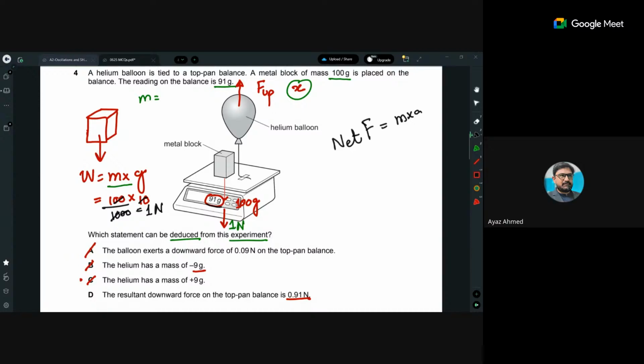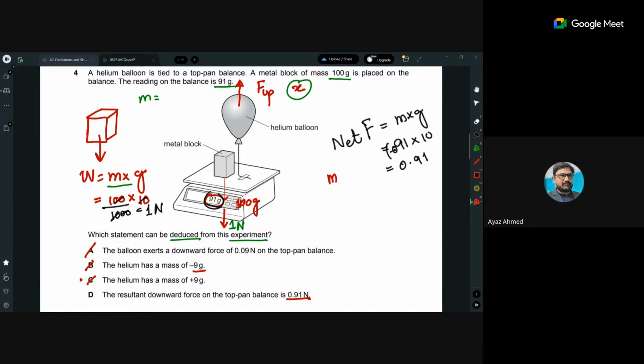So let's do m into g. If it is showing you 91 gram, then it would be 0.091 kg into 10, because you are going to divide it by 1000.